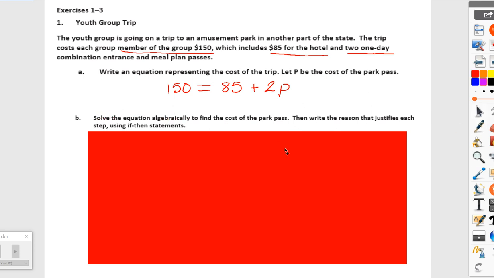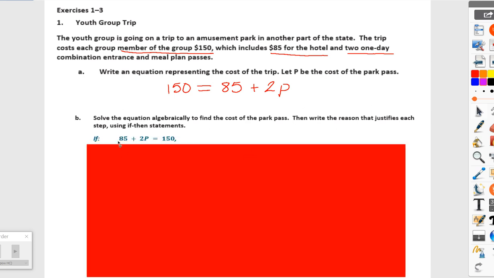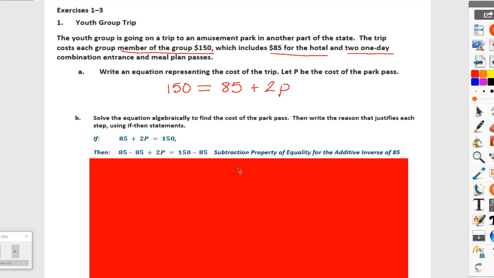Okay, so as we write this down, we switched this to 85 plus 2p, so we wrote this right side of the equation over on the left, equals 150. So we're going to be using those if-then statements from lesson 22. If 85 plus 2p is 150, then we can subtract 85 from both sides because of the subtraction property, okay?